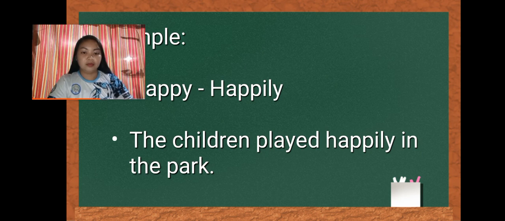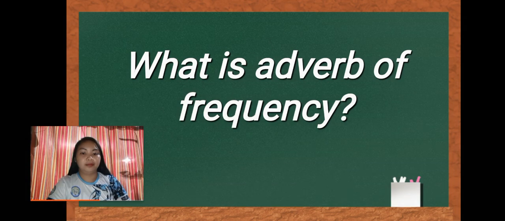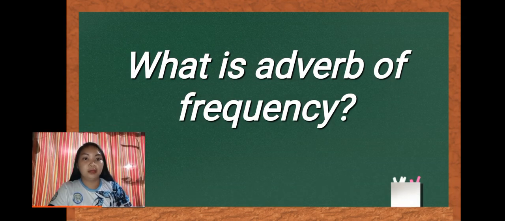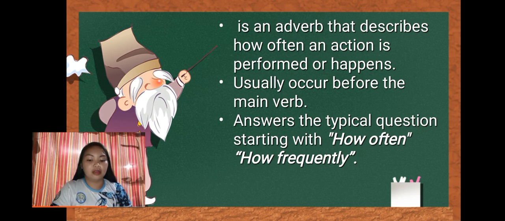Now let's move on to the adverb of frequency. What is an adverb of frequency? An adverb of frequency is an adverb that describes how often an action is performed or happens, usually occurring before the main verb. It answers the typical question starting with how often or how frequent.